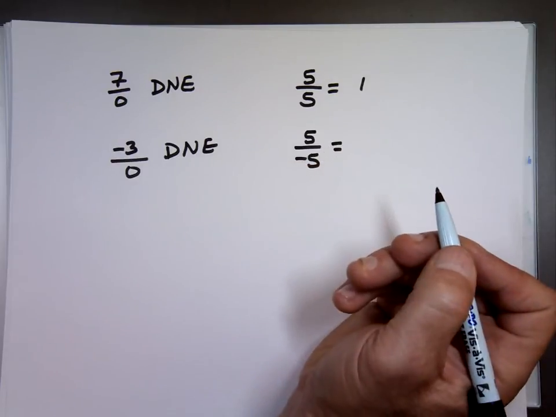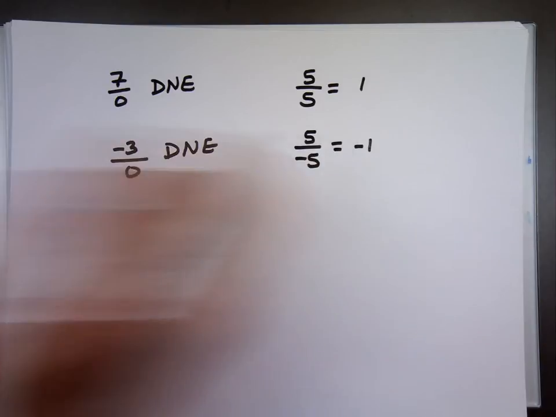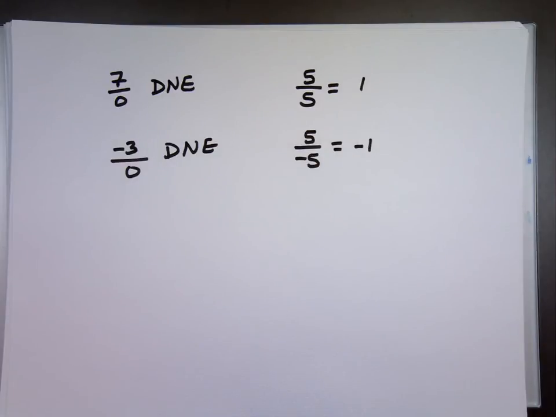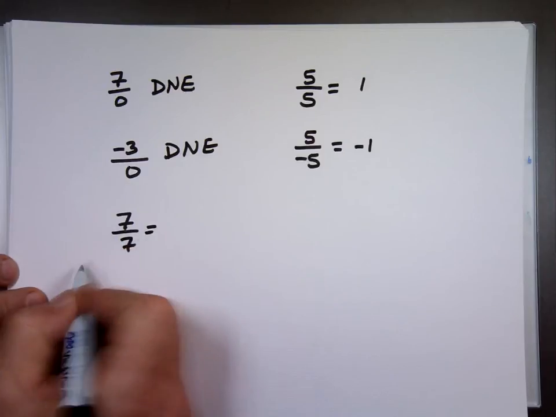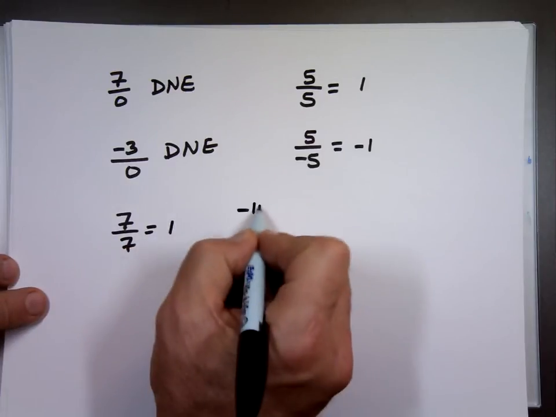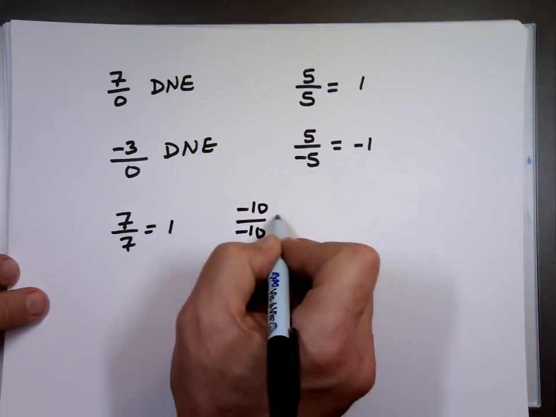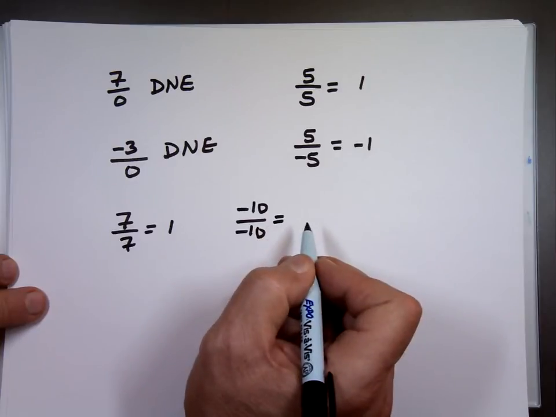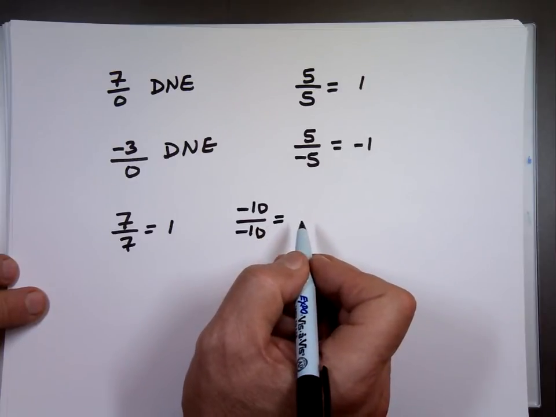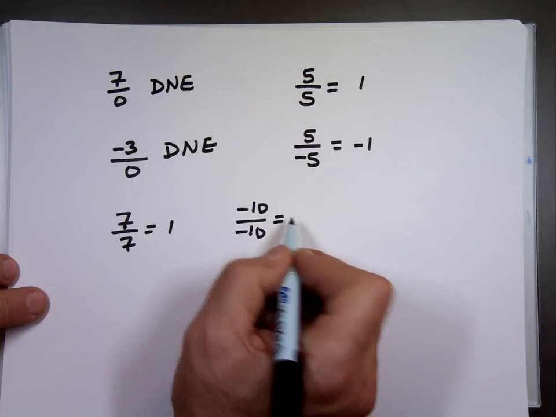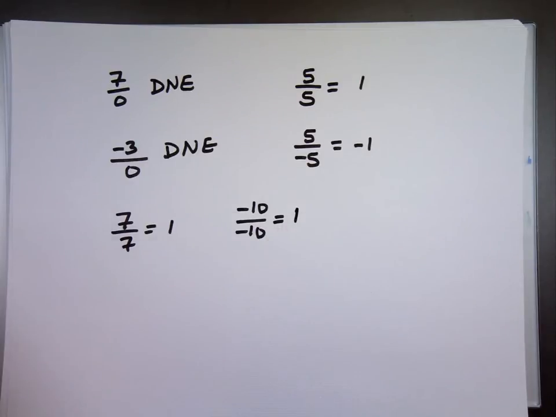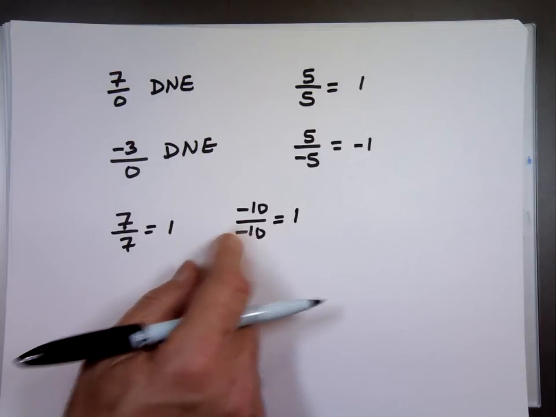Negative 1. 7 over 7. 1. Negative 10 over negative 10. Positive 1. Yep. Negative over negative, positive. 10 over 10 is 1.